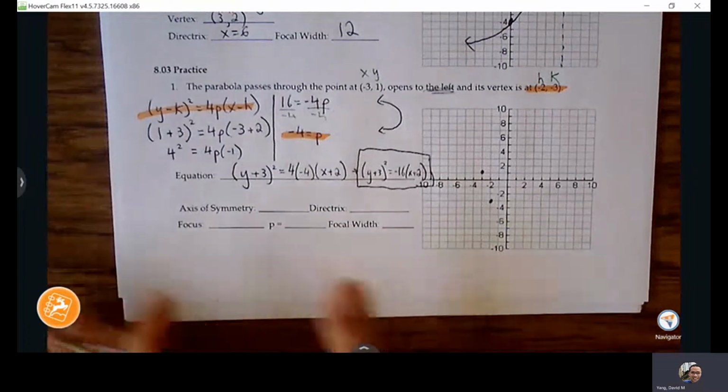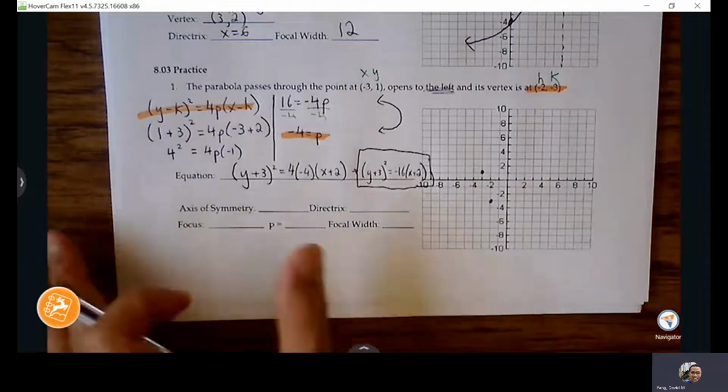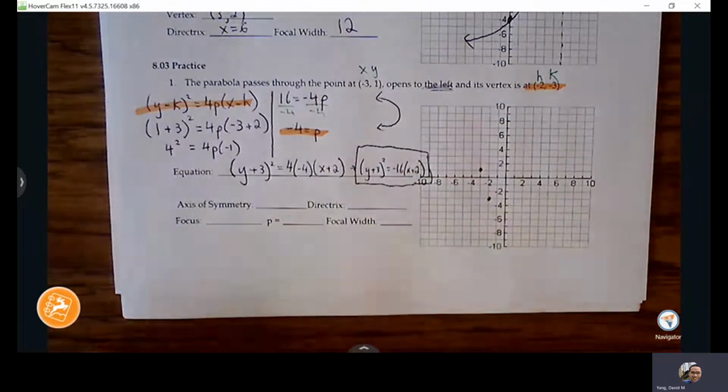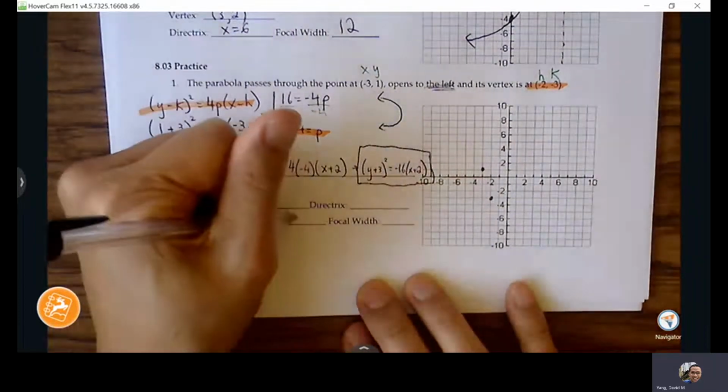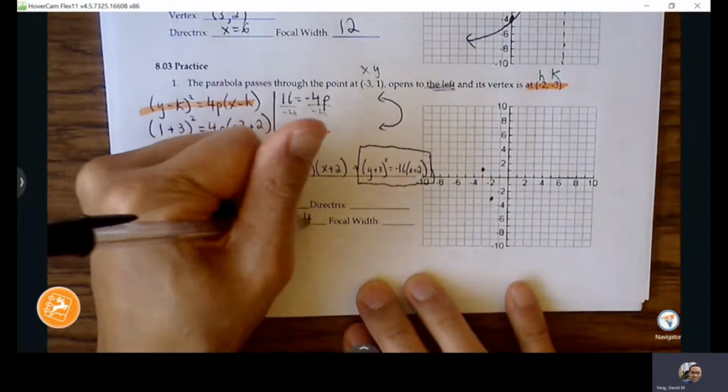So I have (y + 3) squared equals -16(x + 2). And now everything becomes a lot more manageable and familiar from previous problems, right?